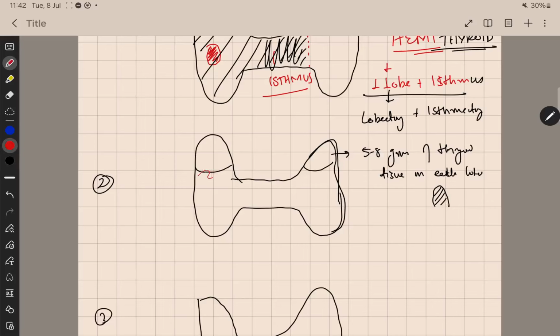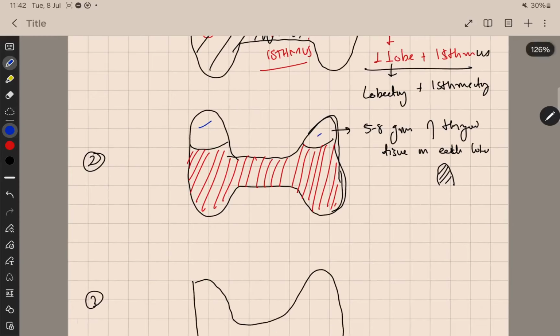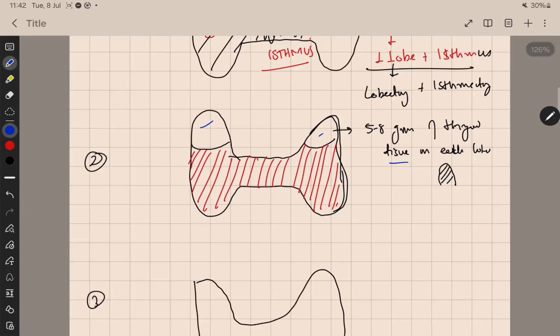So in this case, we'll remove this lobe of thyroid plus isthmus plus the left lobe of thyroid, but we'll spare this part and this part. So this 5 to 8 grams of thyroid tissue is left on each lobe. This is known as subtotal thyroidectomy.